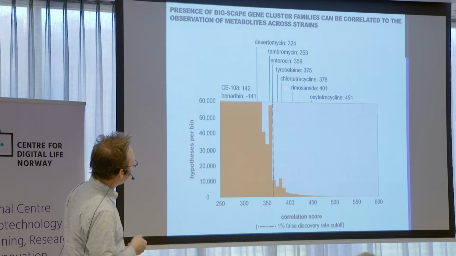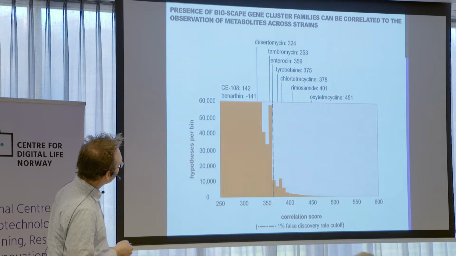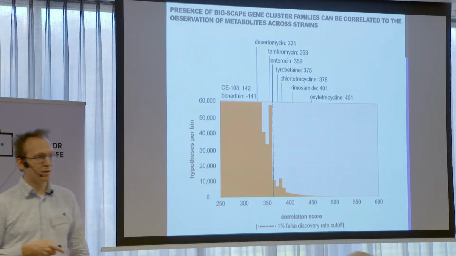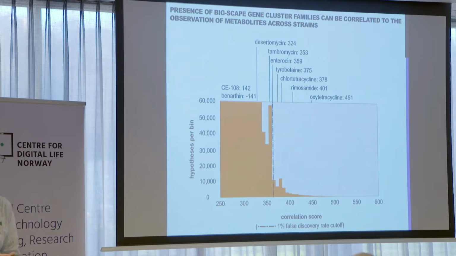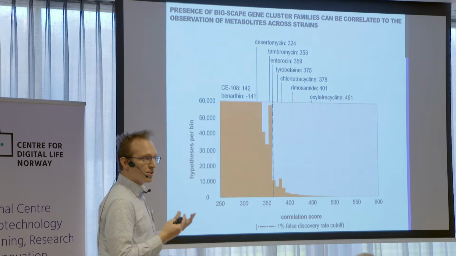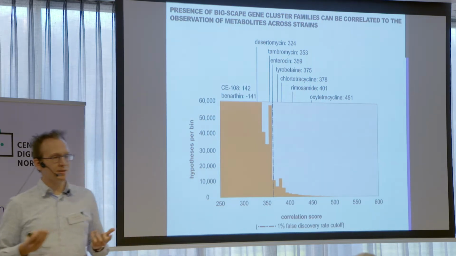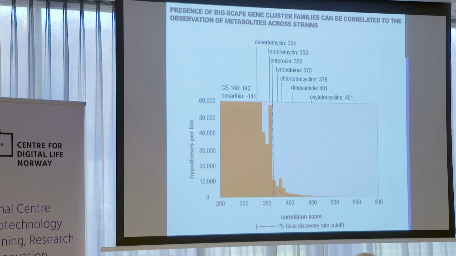So we get a strong correlation score between observing a specific mass peak for those molecules and observing their gene cluster. So basically the idea is if you very often find a certain mass peak of interest in the same strains where you also see a particular gene cluster, in many cases that's not by chance, but it's because the cluster is responsible for making that molecule. And this you can use to prioritize.